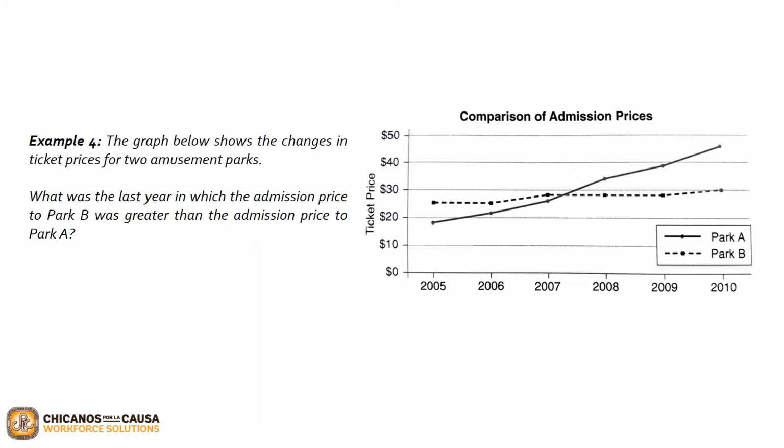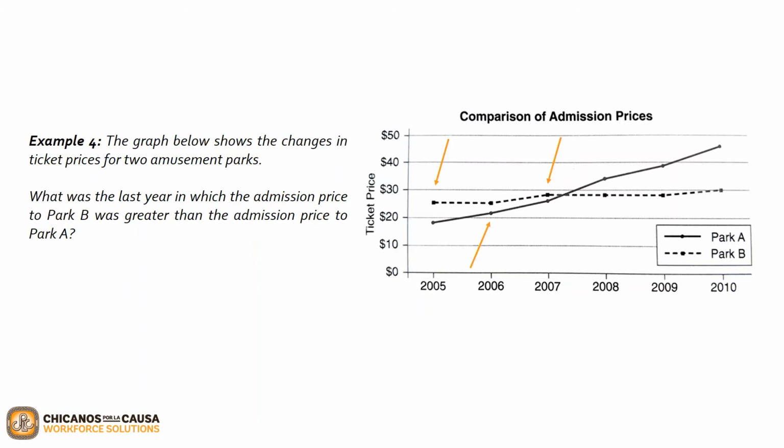So we can see that this happened in 3 particular years, or 3 particular points on this graph. In 2005, Park B was greater than Park A. 2006, Park B was greater than Park A. And lastly, 2007, Park B prices were greater than those of Park A.